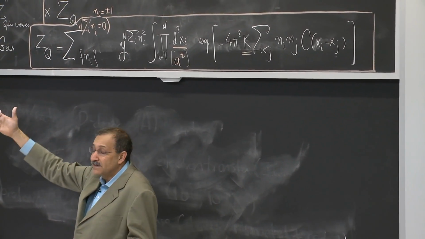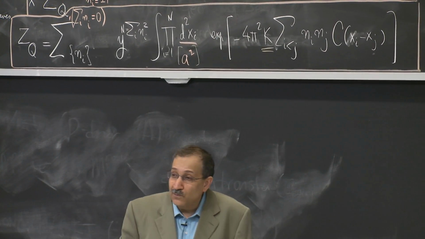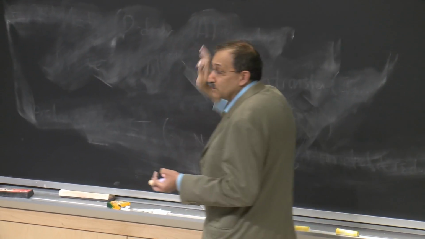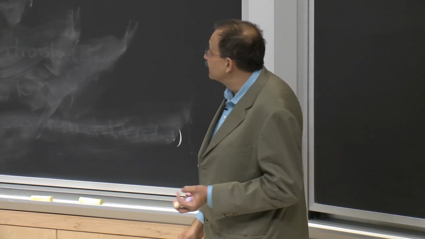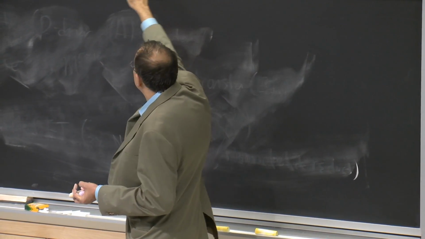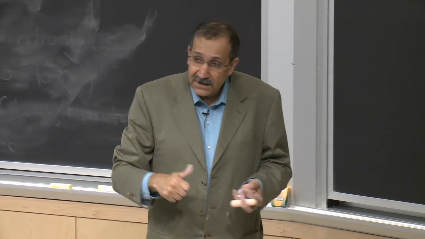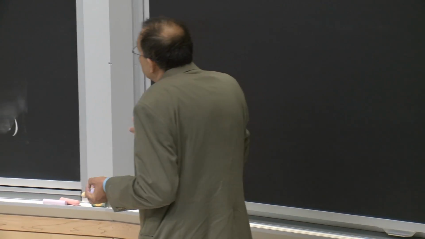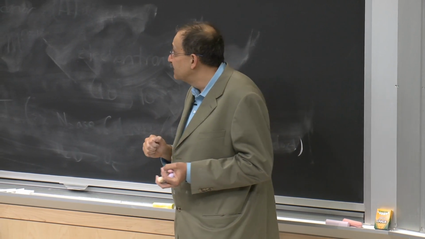Of course, since this system originally came from an XY model that had only one parameter, I expect this y to also be related to K. But just as an expression, we can certainly regard it as a system that is parameterized by two things, K and y. For the case of the XY model, there will be some additional constraint between the two. But more generally, we can look at this system with its two parameters.